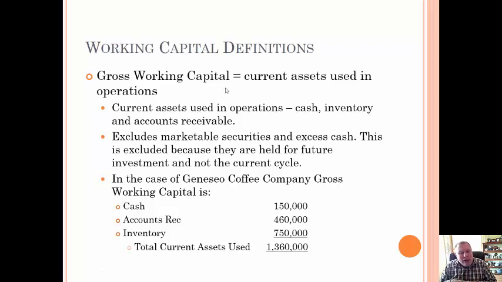Just to give you a little bit of background, as we move forward on this, my assumption is once we define these, that you have the ability to calculate gross working capital for the company you're working on, but any other company that I may cite. So on the midterm and the final, there'll clearly be a question to compute the gross working capital for company ABC.